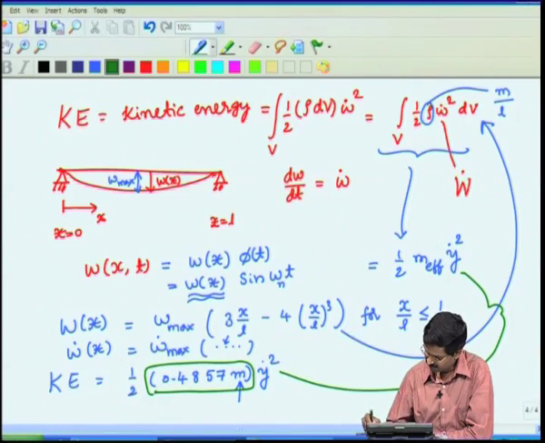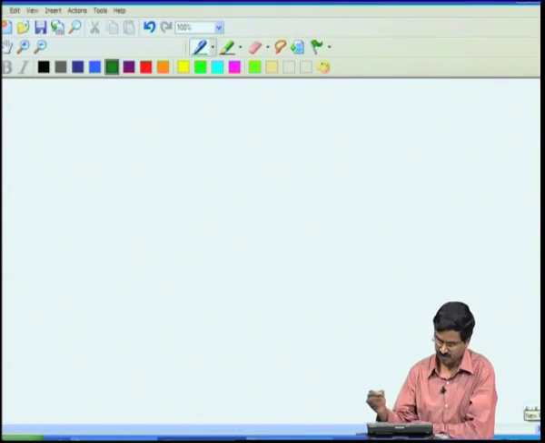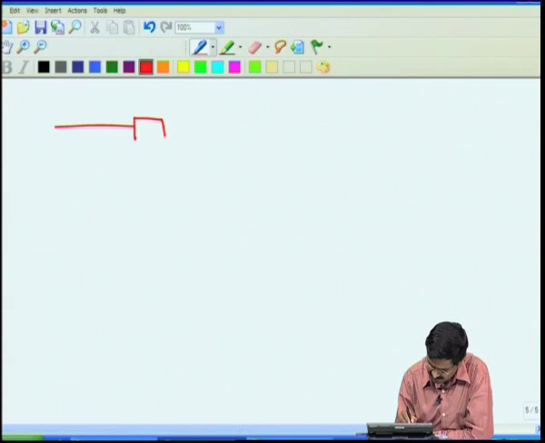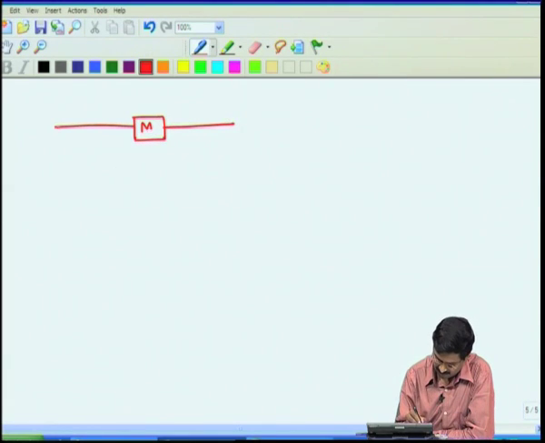So, if we go back to our primary question, if I have a beam with some mass attached to it, that mass is capital M, like a proof mass in an accelerometer or gyroscope or any other MEMS structure.